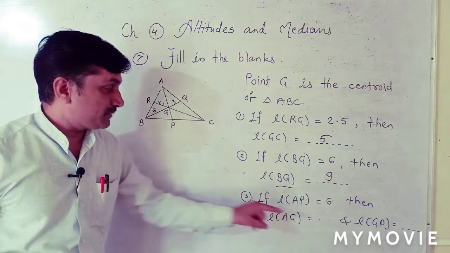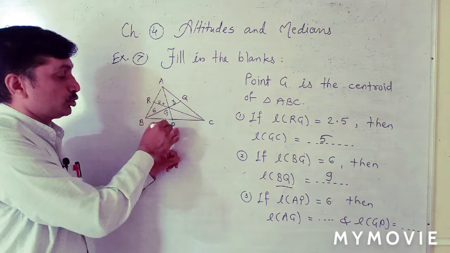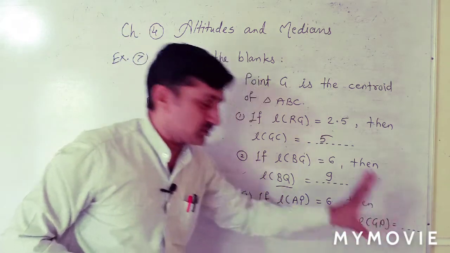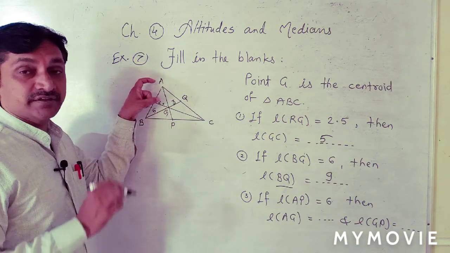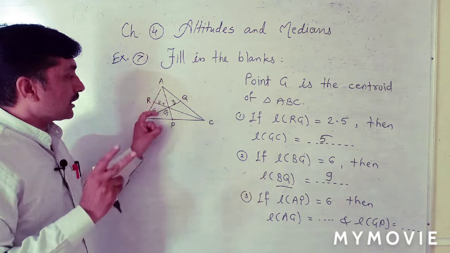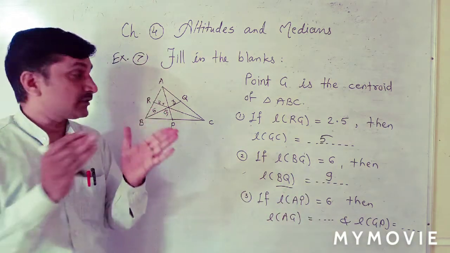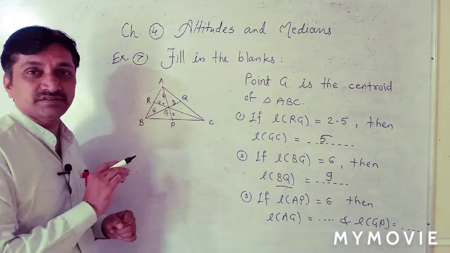Third, AP is 6. AP means the total median is 6. AG we don't know, GP also we don't know. AG is the part towards the vertex, that is 2 parts. The double part we want, and this is half. If we divide 6 in such a way, then we get 4 plus 2. 4 plus 2 is 6.